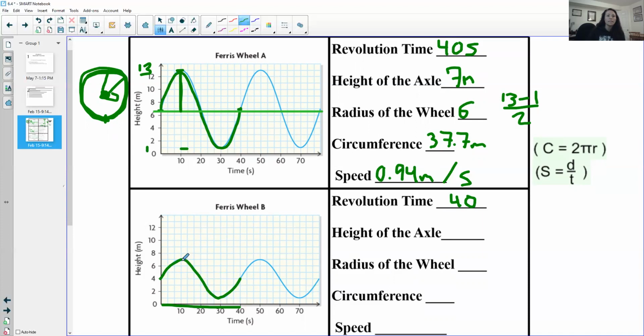This one, if I take 9 and I add it to 1, I would get 10. 10 divided by 2 is 5. So the height of the axle is 5. And if you wanted to draw your line in at 5, that doesn't look right.